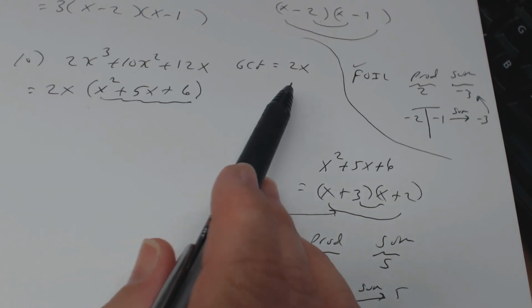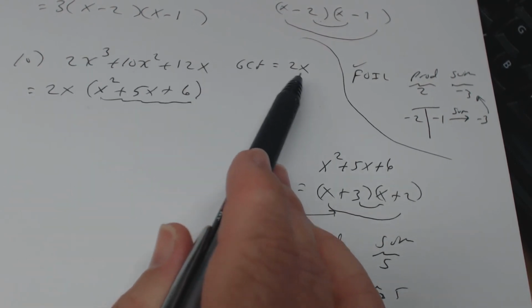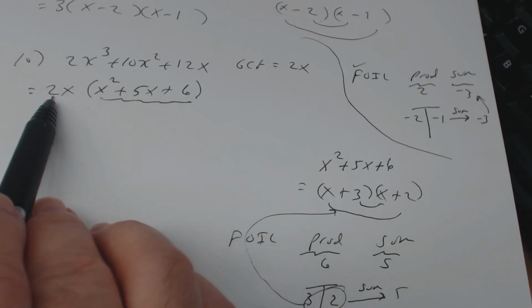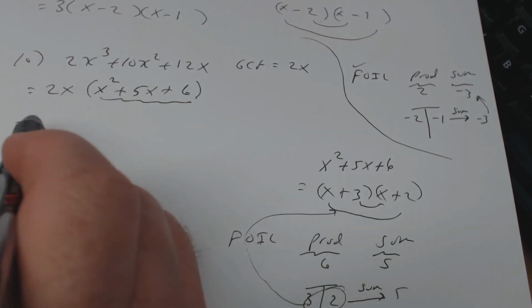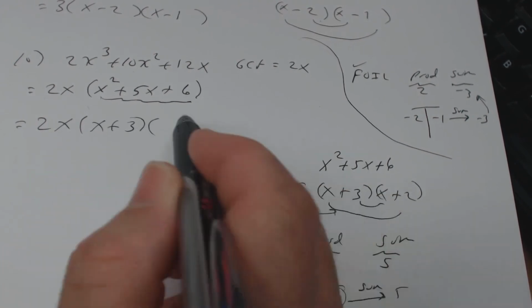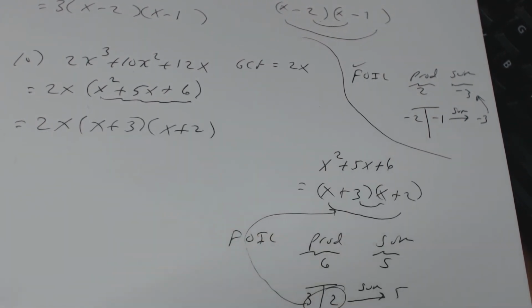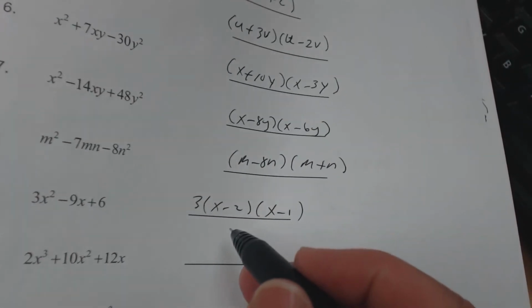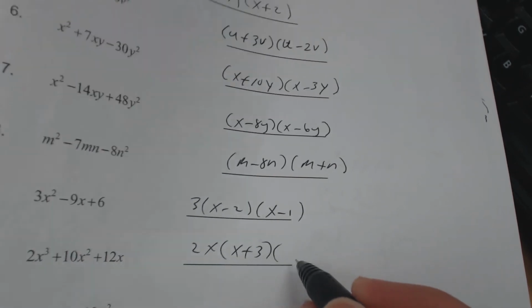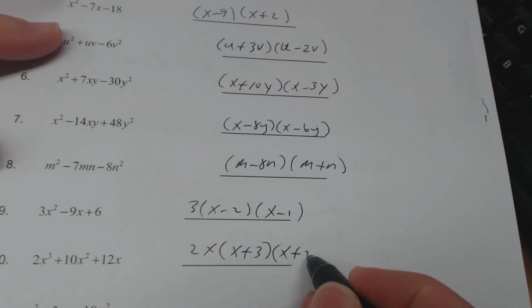This GCF is part of your answer because 2 is a factor and x is a factor. So I get 2x times x plus 3 times x plus 2. That's the answer to number 10.